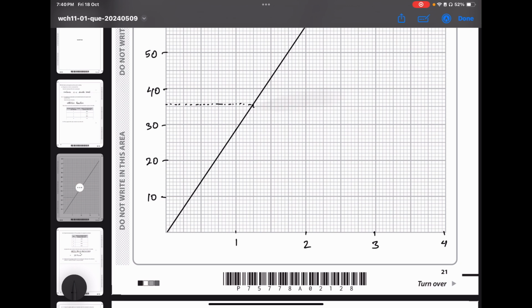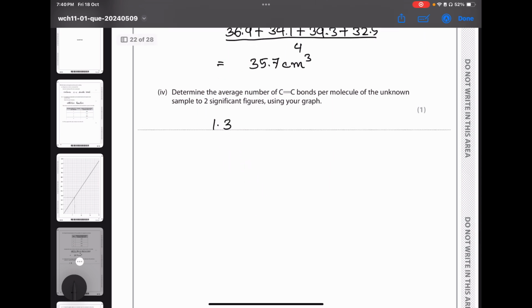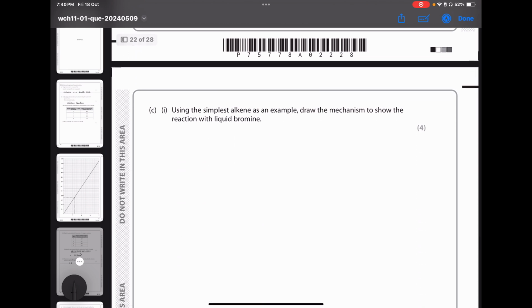That's the value. And we can see that this value is about 1.25, right? So the answer in two significant figures is 1.25, so 1.3. 1.3 carbon-carbon double bonds per molecule.